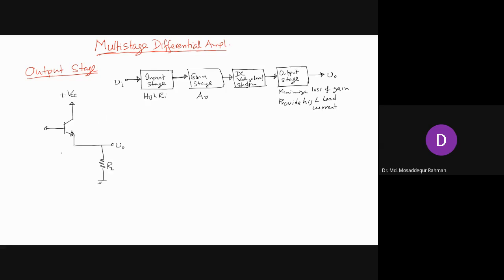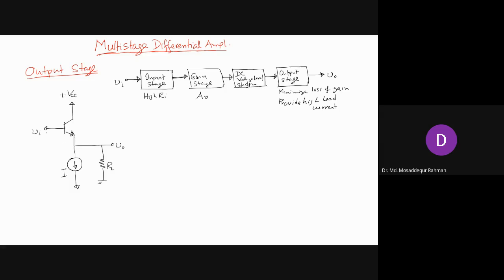If you are designing a discrete amplifier circuit, then you would use a number of resistors here, R1, R2, RE, RC. But here, we do not use those resistors because resistors consume a lot of power. And then we use a current source to supply the bias current. So you have, let's say, I, and that is your input. So that is our output stage, common collector, which is usually common collector.